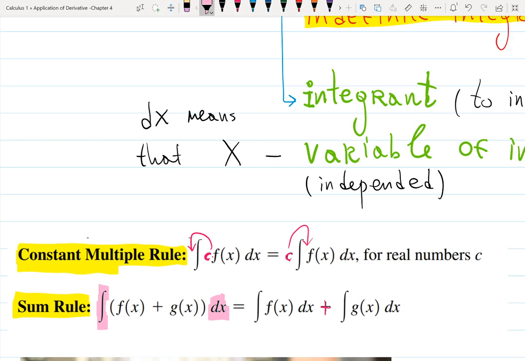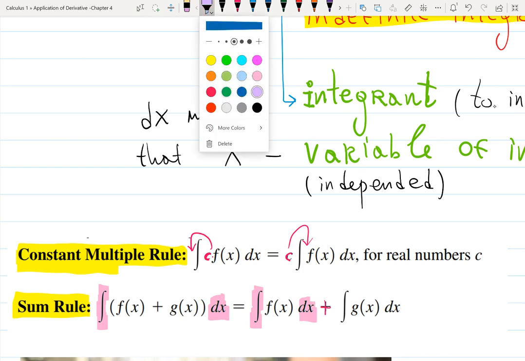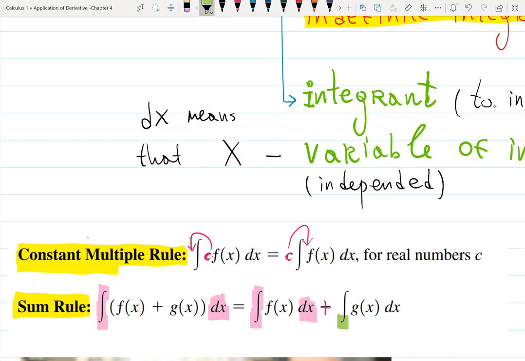When you have the sum, each integral sign should have its own closing element, sometimes even different. That's an interesting idea. I will tell you later why. So make sure you never forget to close the notation of the integral, or else it will not make sense when the integration is over.